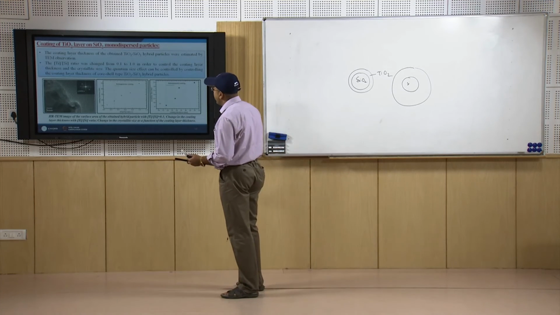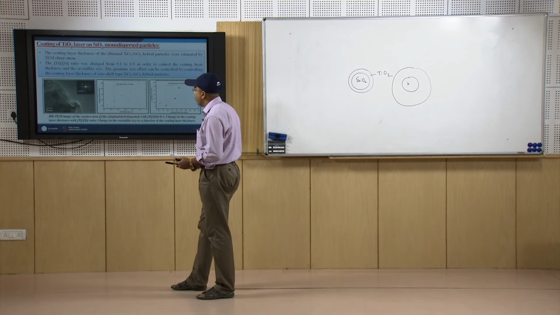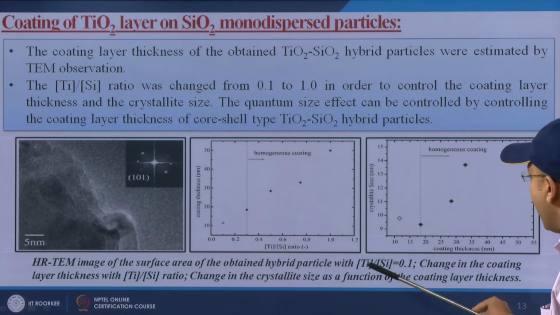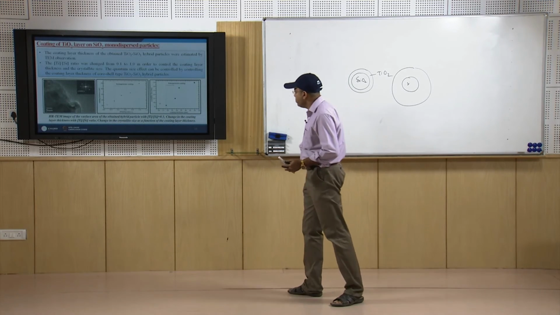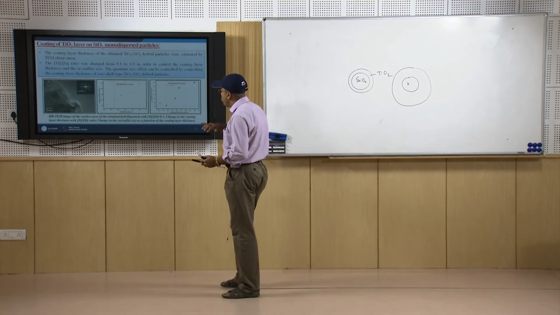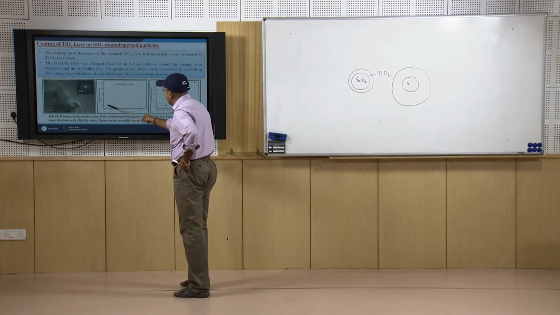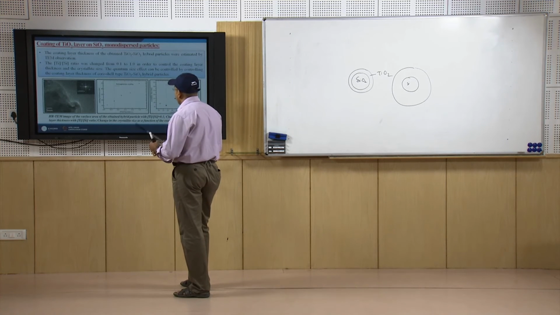Here we have a very good high resolution transmission electron microscopy image of the surface of the obtained hybrid particles with a Ti/Si ratio equal to 0.1. So the titanium and silicon ratio is almost 0.1, and next we change the ratio, and in terms of coating thickness we change it to different values, and we can see how the coating properties change.